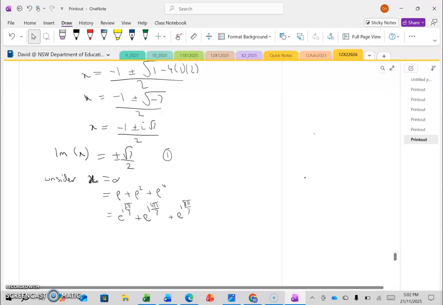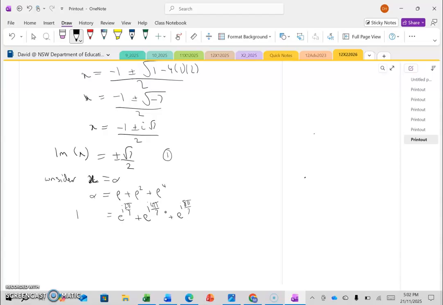Now we're going to consider the imaginary part, because we got the root 7 on 2 that we were after. So the imaginary part of alpha, that'll be sine 2 pi on 7 plus sine 4 pi on 7 plus sine 8 pi on 7.